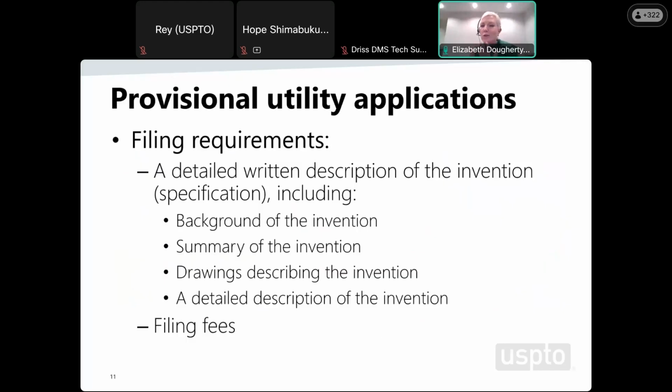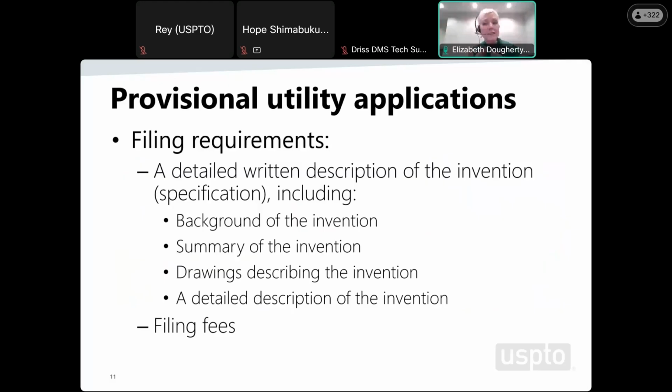And these laws have grown and changed and modified over time, but there is some complexity. The US Patent and Trademark Office issuing you a US patent is issuing you a federal right on behalf of the federal government. So knowing that there is that weight to bear, there is a certain level of complexity of this. So what are the requirements for filing a provisional utility application?